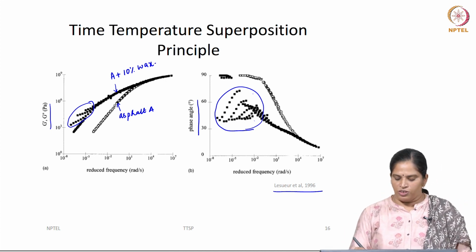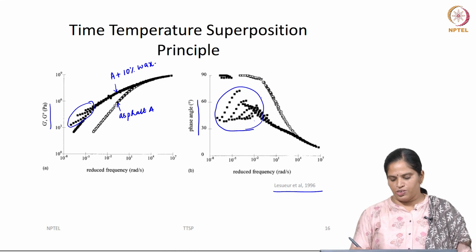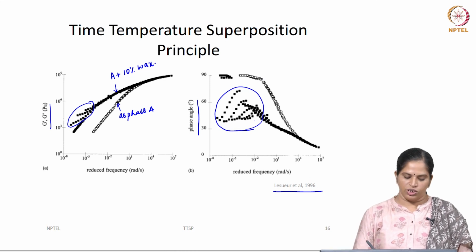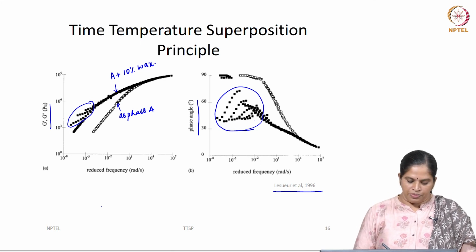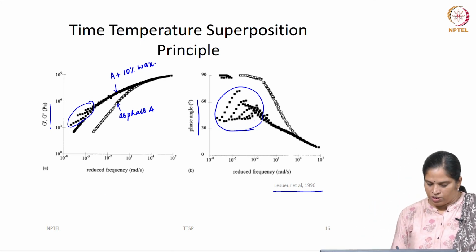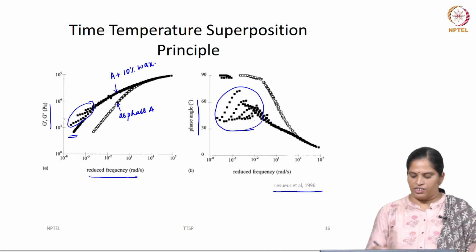If you want to check whether the material is thermorheologically simple or not, you can use the phase angle function. You can see a discrepancy in the data at lower frequency, and lower frequency corresponds to lower temperature data.